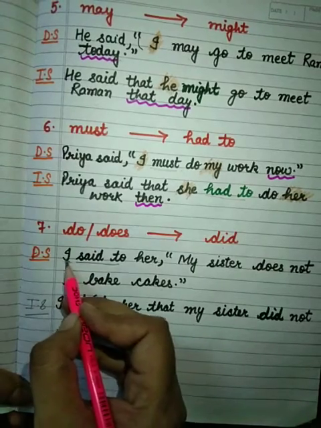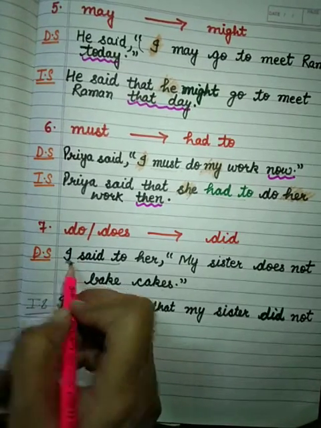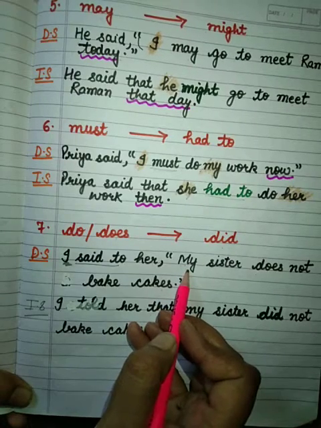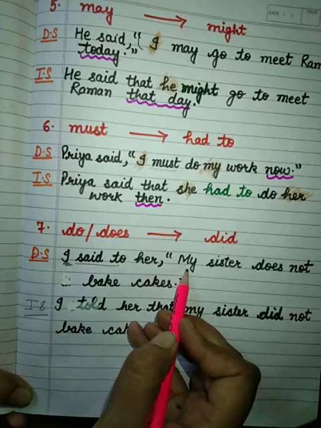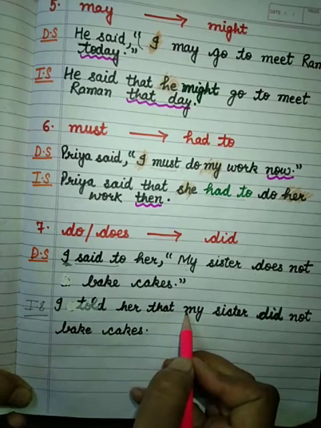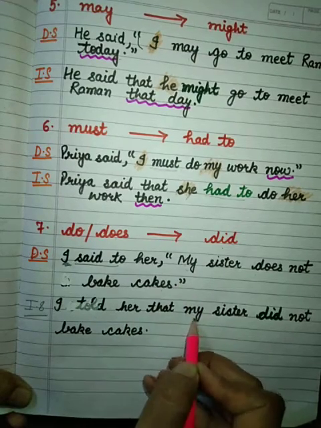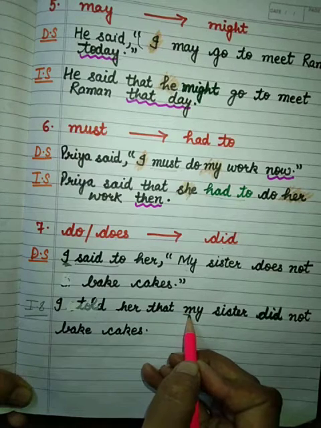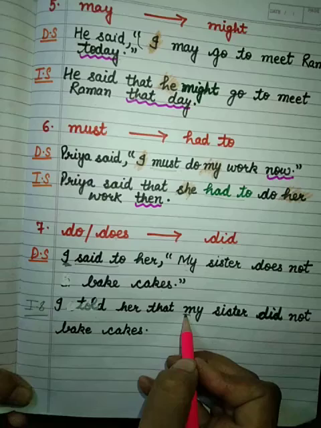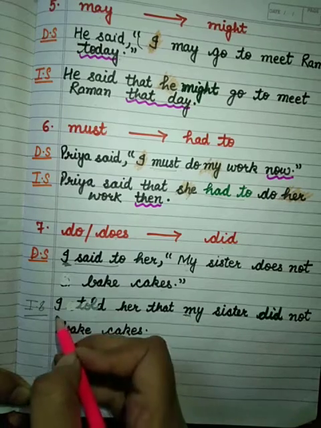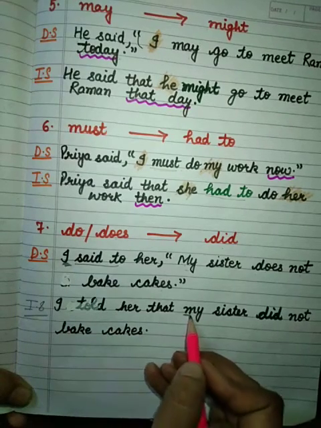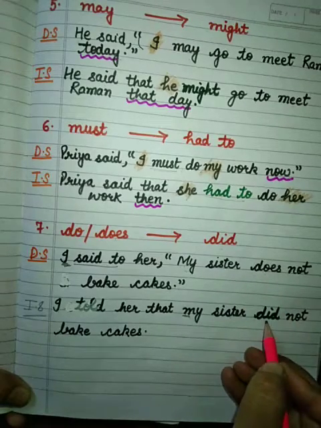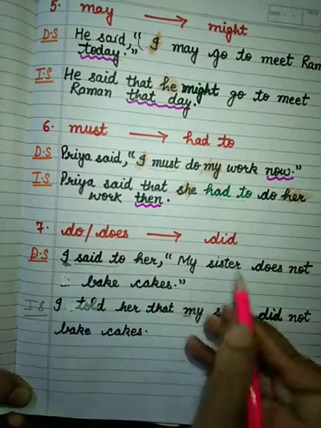When subject is I, no need to change first person pronoun. So my will remain same. My, and my am later will become small because sentence does not start from here. Sentence starts from here. My sister does will change into did. Do does change to did.